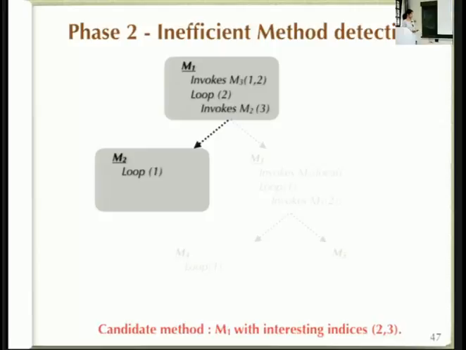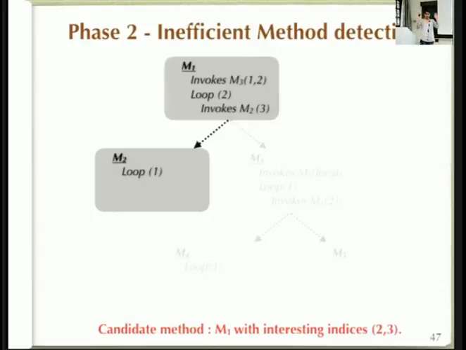Okay, so we have a candidate method M1 with indices 2 and 3. Is there any other possibility? Correct. Yeah, but what are the set of parameters here? Okay, so you get it, right?